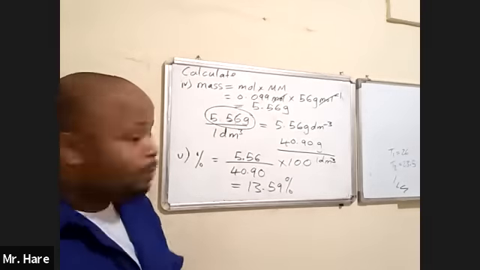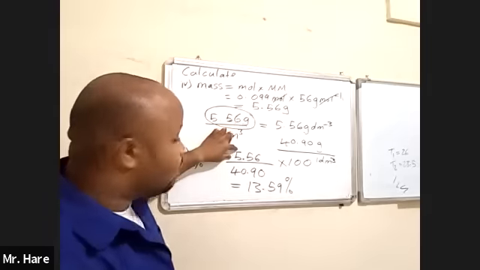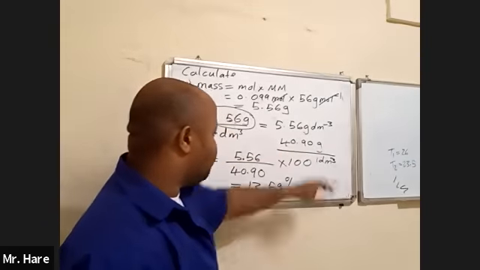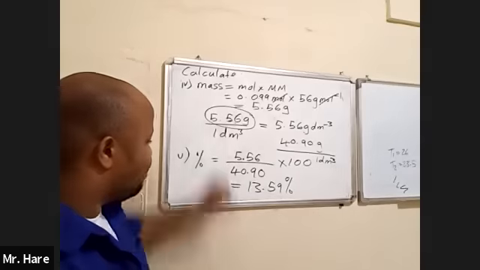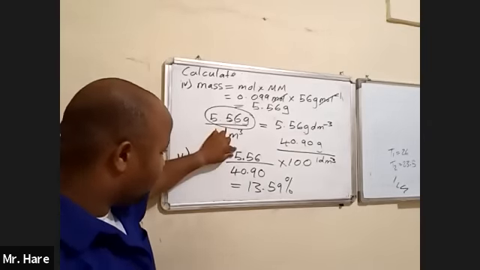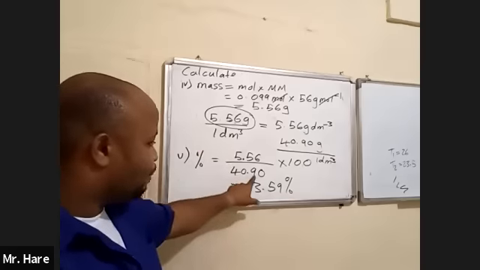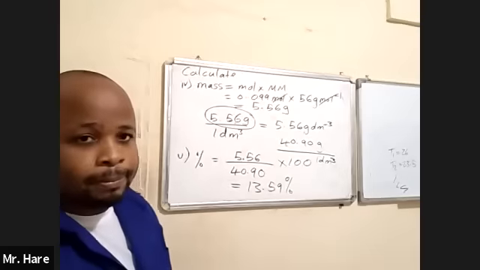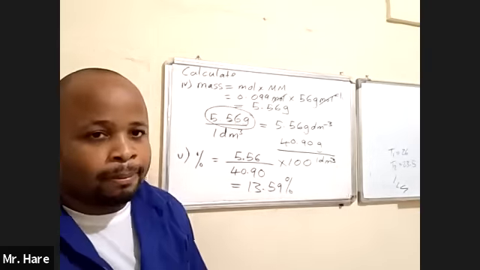So in 1 dm cube, we have 5.56 grams of Fe2 plus and 40.9 grams of M. And so we can divide the mass of Fe2 plus by the mass of sample M, which is 40.9. Understand? Yes, sir. Thank you.